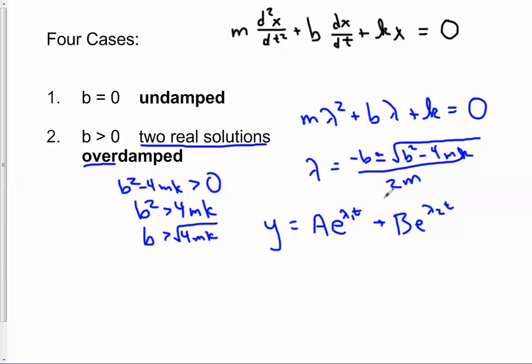And furthermore, let me just point out that m and k and b are all positive, right? So when we have b squared minus 4mk, that's going to be less than b squared because we're subtracting a positive amount. So what's inside the square root is less than b squared. So if you take the square root, it's going to be less than b. So this square root is less than b.